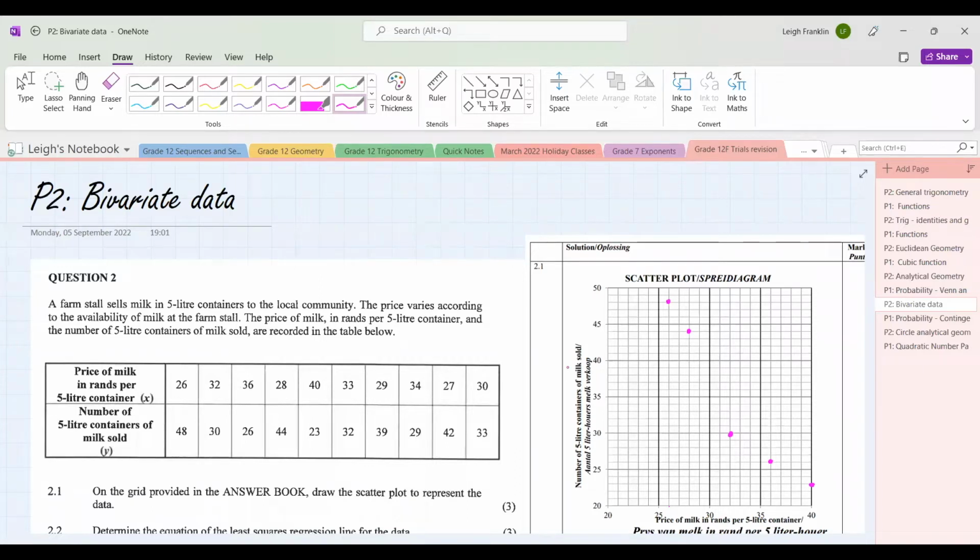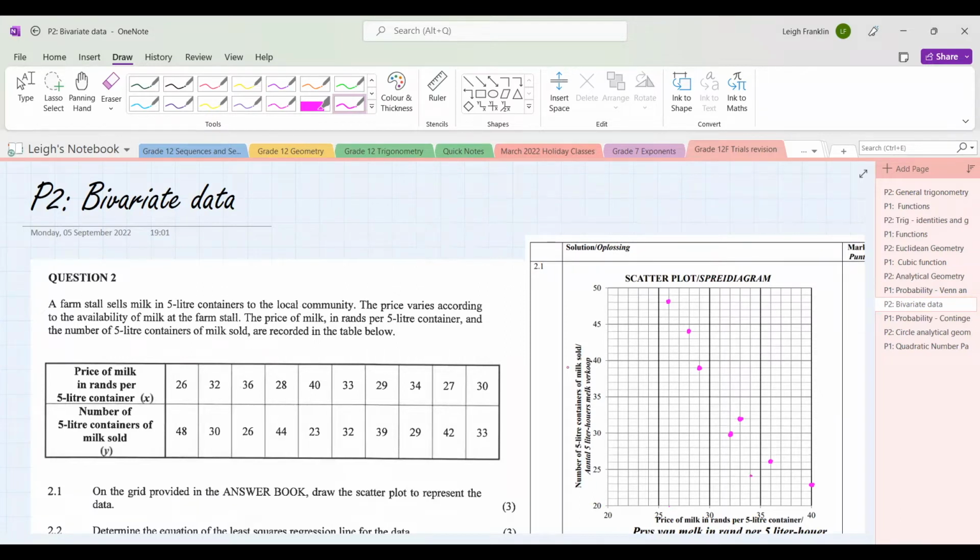33 and 32. 33 is going to be 31, 32, 33, and 32. It's going to be there. 29 and 39, it's going to be over there. 34 and 24.